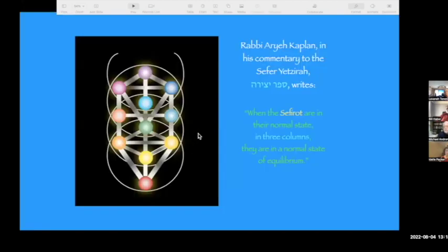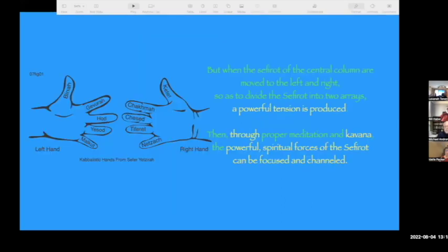And the sefirot, the energies that are all around us, are in Kabbalah attributed to the fingers. So there are 10 fingers and 10 sefirot, and when they are in this position, they're in stasis. When they're in this position, a tension is produced.